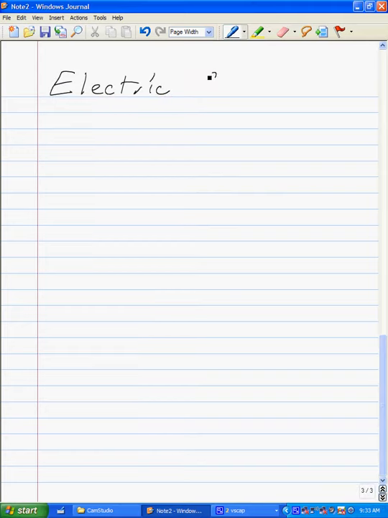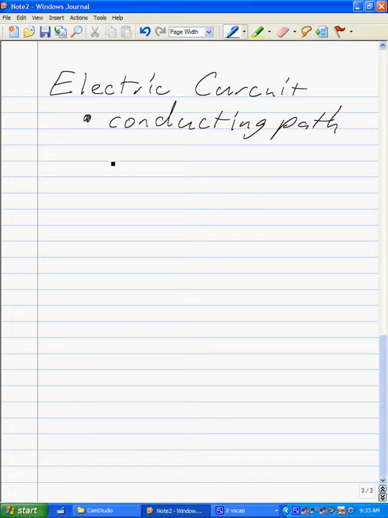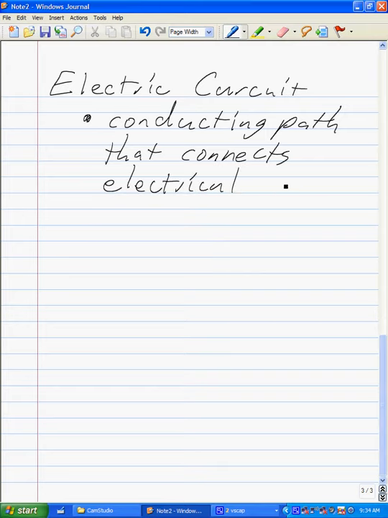This is a conducting path that connects electrical devices in which current flows.